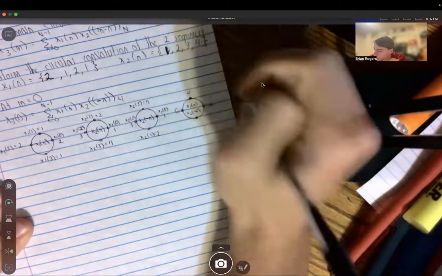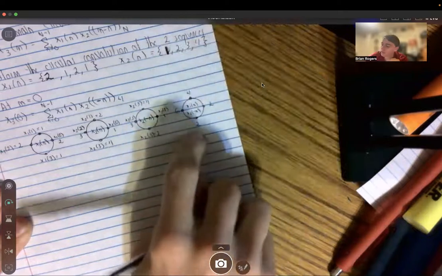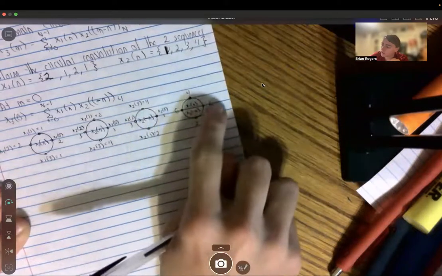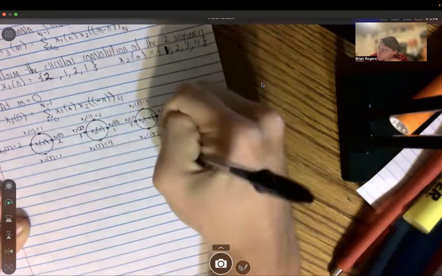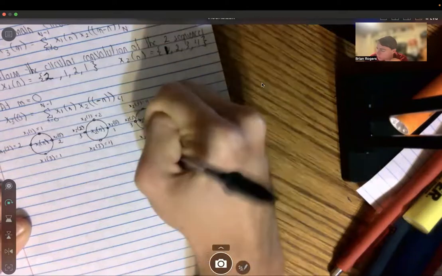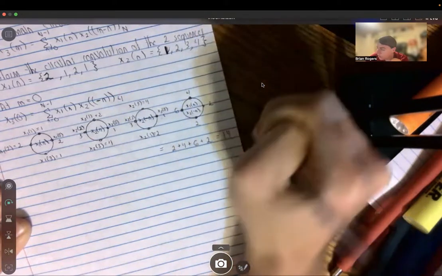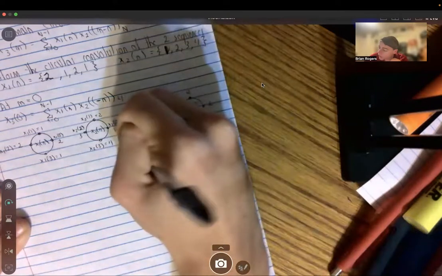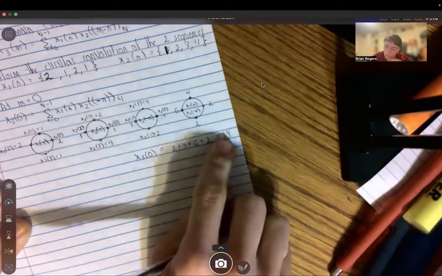And then it's going to be 1 times 2, 2. And now you're going to sum them all together around the circle. It's going to be 2 plus 4 plus 6 plus 2, which is 6, 12, 14. So that would be your x3 of 0 is going to equal 14 for the first one.